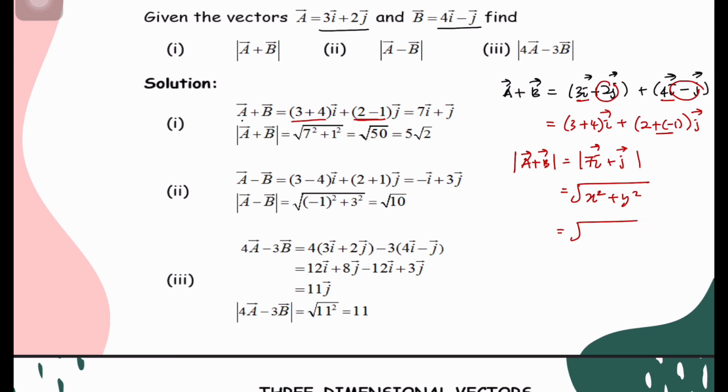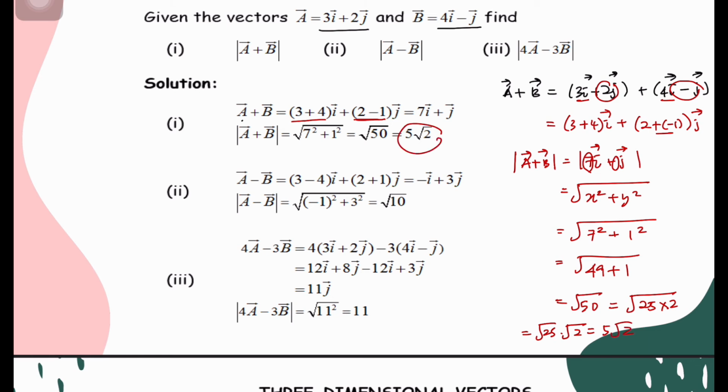So what you have here is your x is 7, so 7 squared plus your y, which is 1 squared. 7 squared is 49 and 1 squared is 1, so you have the square root of 50. The square root of 50 can also be written as the square root of 25 times 2. Here you can separate it into the square root of 25 times the square root of 2. That's why you have 5 square root of 2 as the answer.